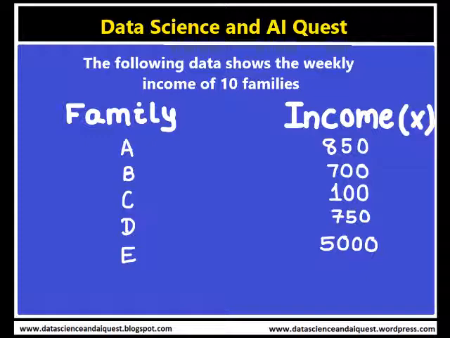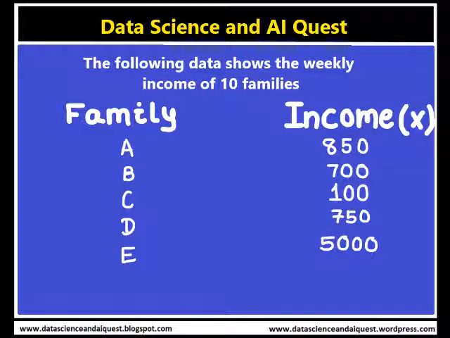The data shows the weekly income of 10 families, that is family A, B, C, D, E, F, G, H, I, J. The weekly income of family A is 850. Family B is 700. Family C is 100.